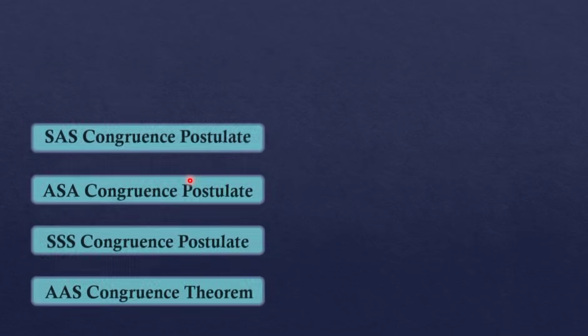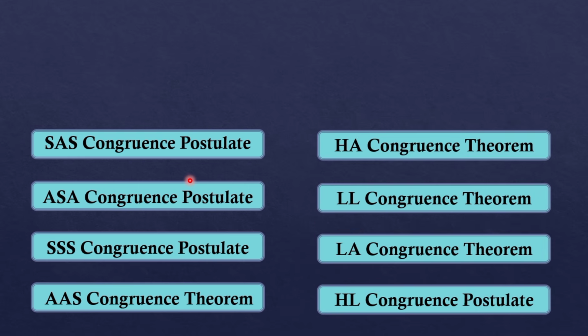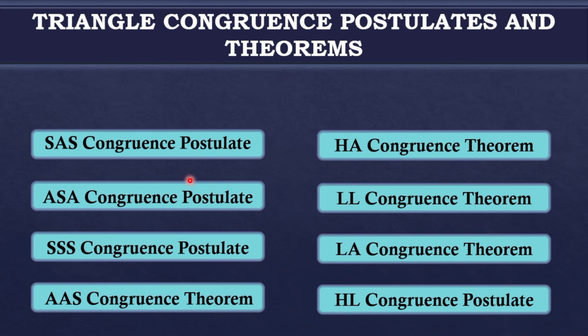Now, ano nga ba ang difference nitong SAS, ASA, SSS, and AAS congruence postulate and theorem, sa HA, LL, LA, and HL congruence theorem and postulate? So ano ba ang difference nitong triangle congruence postulates and theorems na nauna nating diniscuss at itong i-discuss natin ngayon?